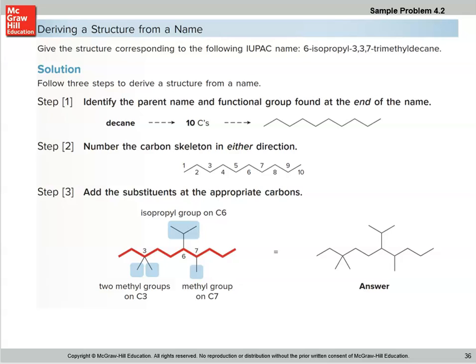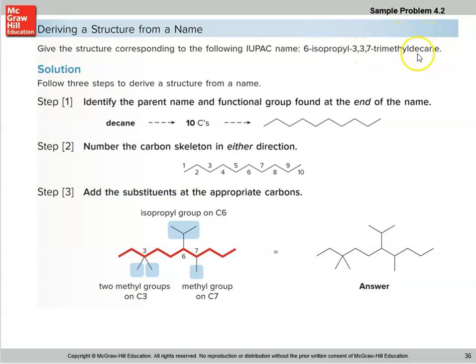Not only are you going to have to name things from the structure, but you'll also have to derive a structure from the name. This is where the skeletal structure really comes in handy. So if we're looking at this compound right here, 6-isopropyl-3,3,7-trimethyldecane.